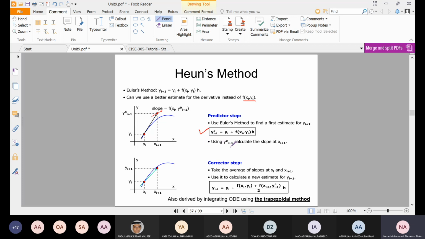So we use this predictor step to calculate the slope at x_i+1. After that, we take these two slopes. We already have the slope now at x_i and x_i+1. This is the slope at x_i+1, the new one using the predictor, and the slope at x_i is the initial value. We start with the initial value because this is the previous one.